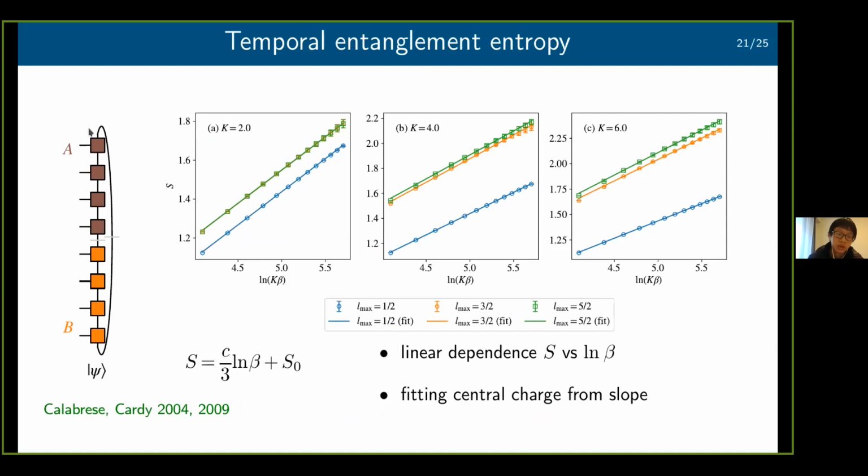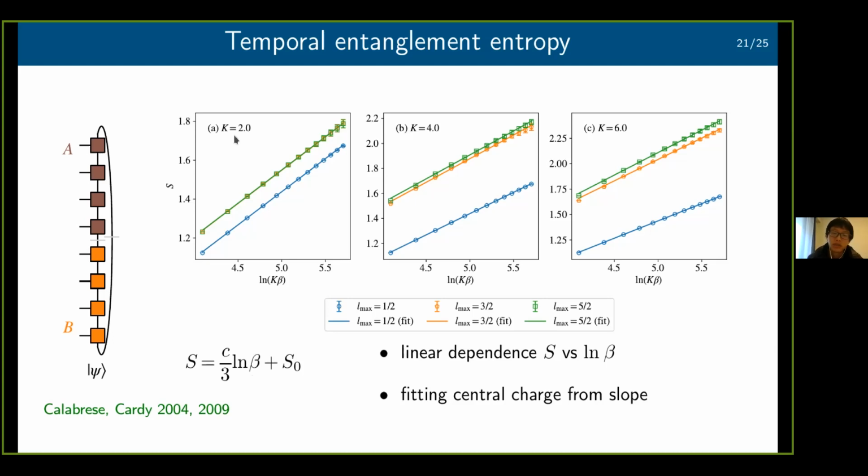This will follow the scaling of the entanglement entropy for the ground states in CFT, and in our calculation we only need to check the scaling of the entanglement entropy with respect to the log of the inverse temperature.